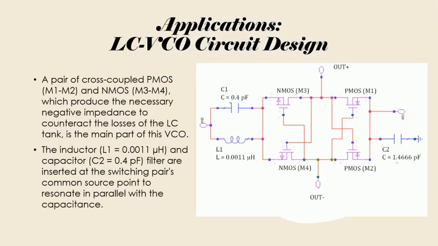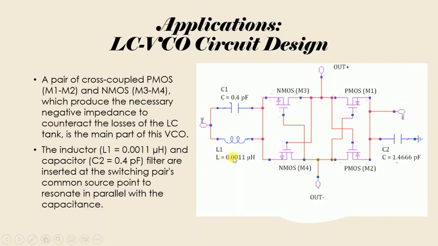Okay, so this is the circuit that we have for the VCO. It clearly shows that we have a pair of cross-coupled PMOS, which is M1, M2, and we have NMOS as well, where we have M3 and M4. This cross-coupled pair will produce the necessary negative impedance to counteract the losses of the LCVCO, which is the main part of this VCO.